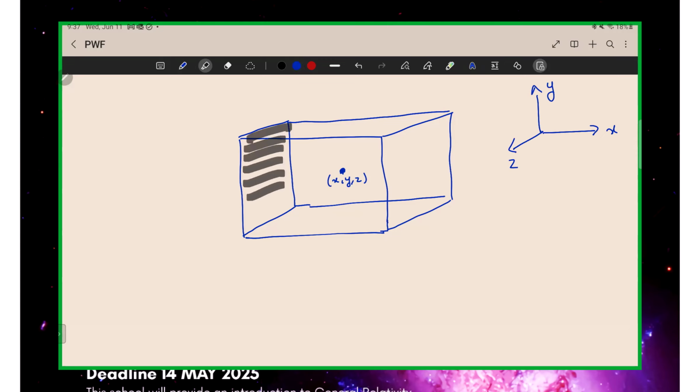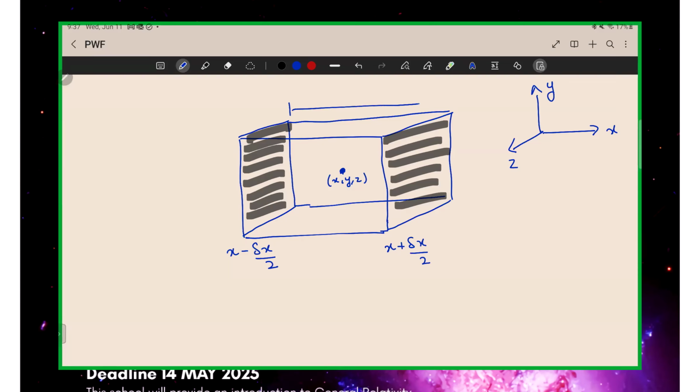On this face the Y and Z coordinates change, but the X coordinate is x minus delta x over 2. This face has coordinate x plus delta x over 2. And this whole length is delta x. This whole length is delta z. Sorry, that's delta y. And this length is delta z.